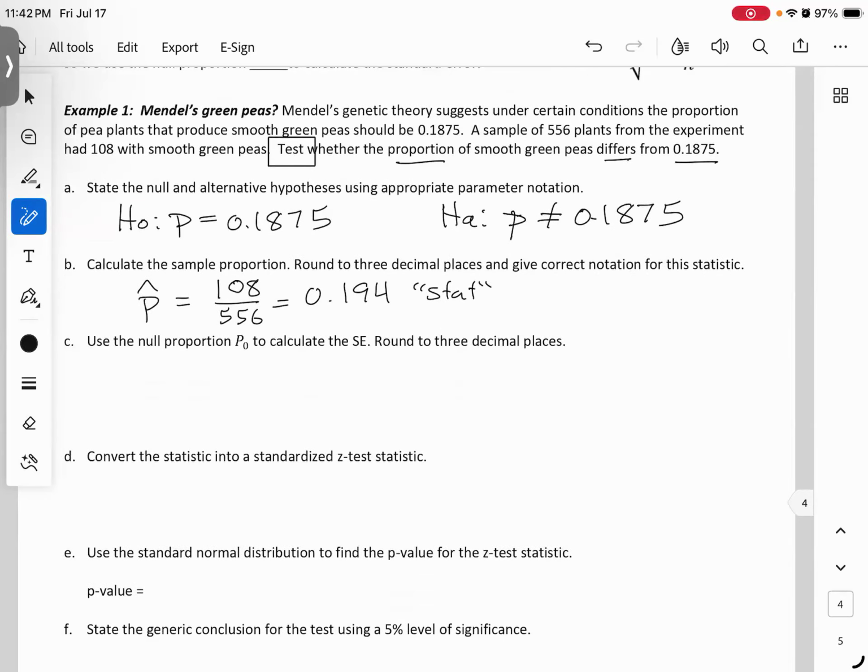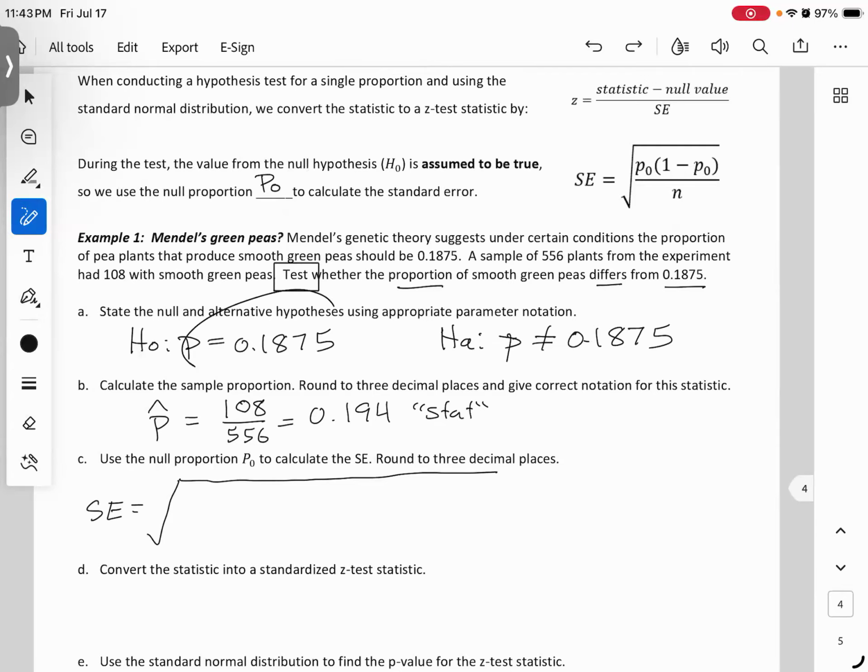Now, in the last examples, we took the statistic and that went into the formula. But right now, we're living in a moment where the assumption is that the null value is true. So you're actually going to take that null value and plug it into the formula to get your standard error.